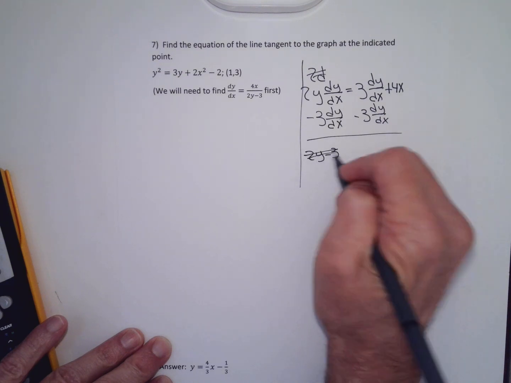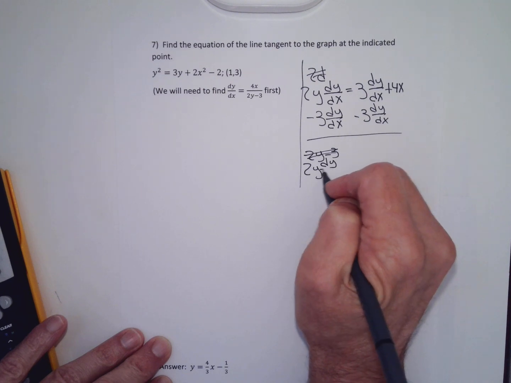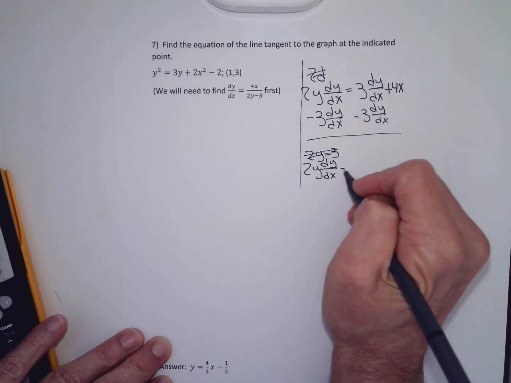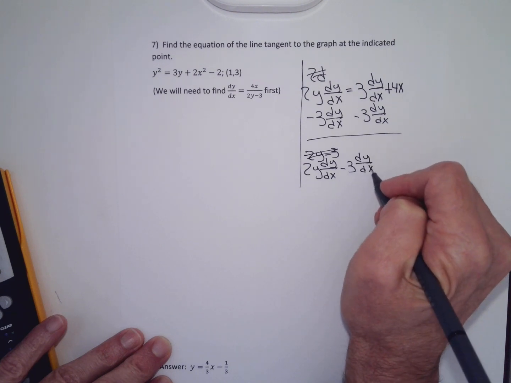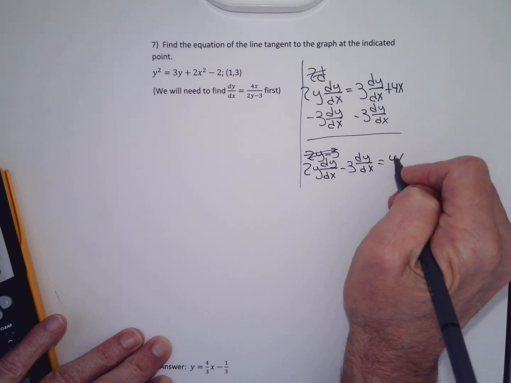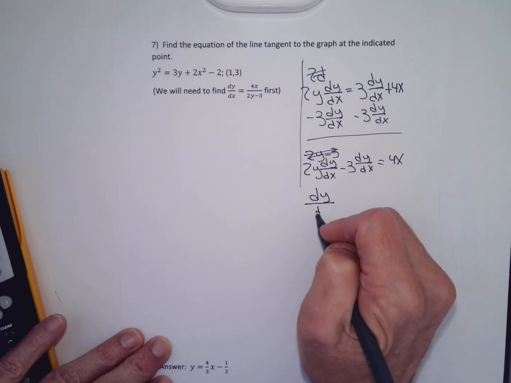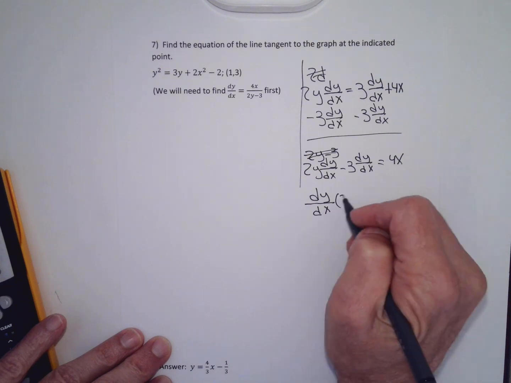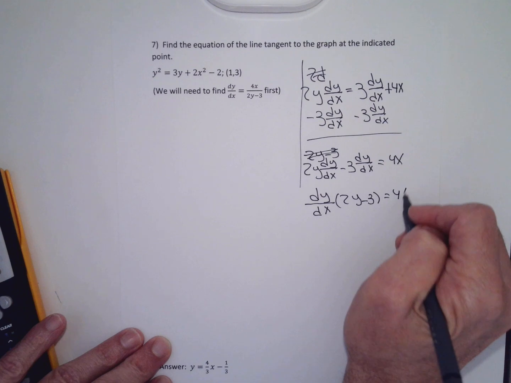It gives me 2y dy/dx minus 3 dy/dx equals 4x. Then I can pull out my common factor of dy/dx. I get dy/dx times (2y minus 3) equals 4x.